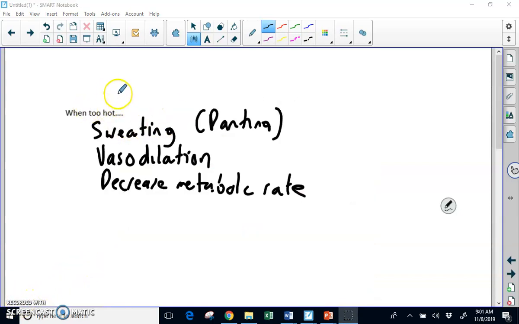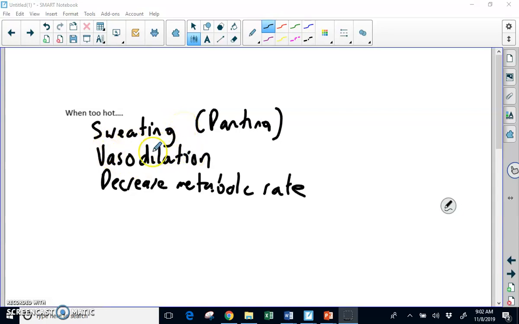Now, when endotherms are too hot, they also have mechanisms to bring down their body temperature. One is sweating, or panting in cats and dogs that don't sweat, and that allows for evaporative cooling. Heat goes into evaporating the water, which, remember, is hard to evaporate because it has a high specific heat or a high heat of vaporization, instead of heating the animal up, and that cools down the organism.